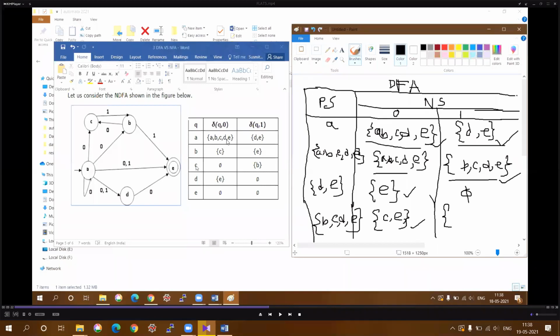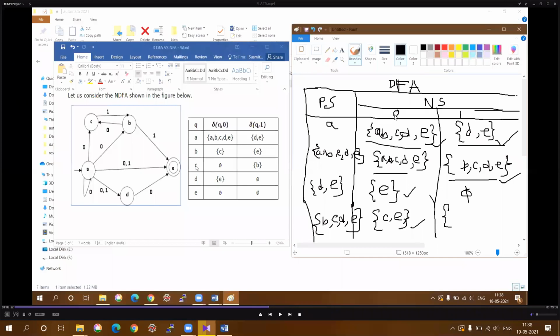If the total set of states is considered as a single state, then it is a new state. For this new state, we have to find out how the transition will occur using input 0.